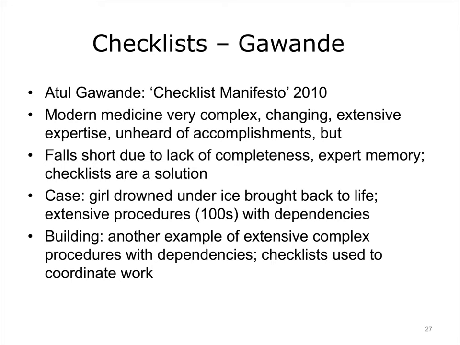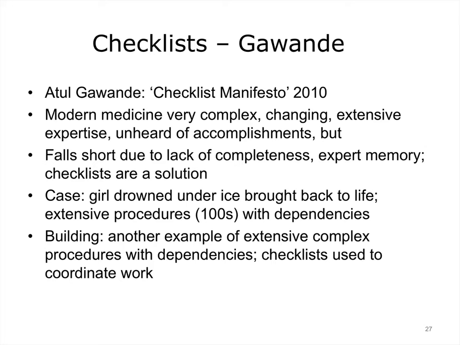Modern medicine is extremely complex, changes rapidly, and has developed far with accomplishments unheard of in previous decades. Gawande gives the example of a girl drowned under ice with multiple medical problems who was brought back to life by the hundreds of extensive procedures available with modern medicine.